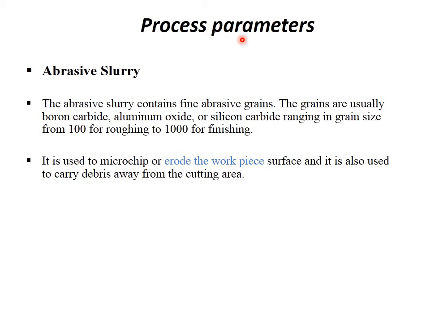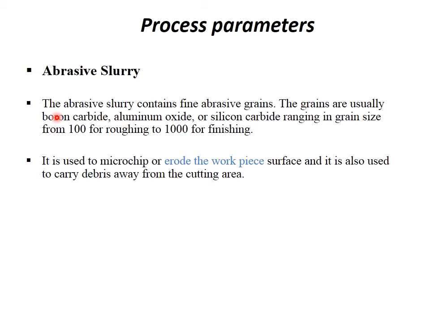Process parameters. Abrasive slurry. The abrasive slurry basically is fine abrasive grains, as I have mentioned earlier, of different materials. A machinist can use their own abrasive slurry, depending on the workpiece material to be cut.